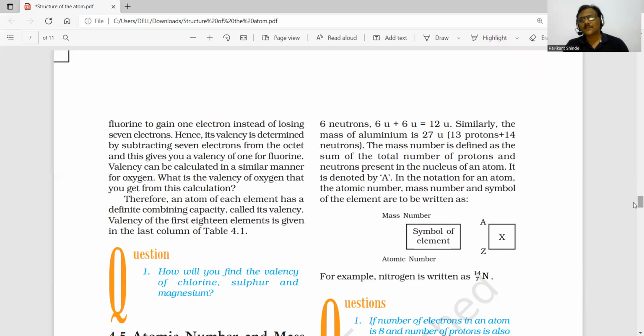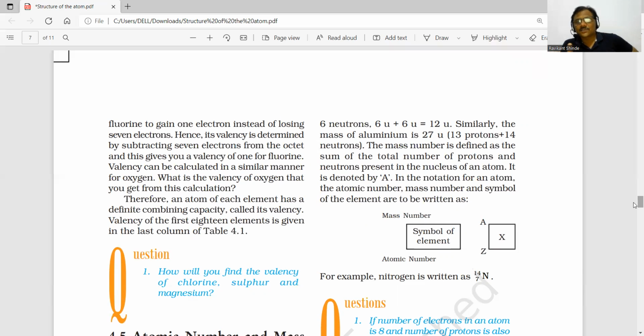Before we proceed further, how will you find the valency of an atom? Suppose, for example, carbon. Carbon has valency 4. How many electrons does it need to complete the octet? 4. So that's why valency is 4. What is the nitrogen valency? 3. Why 3?